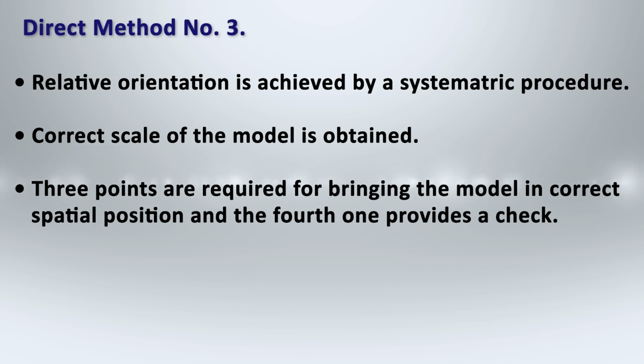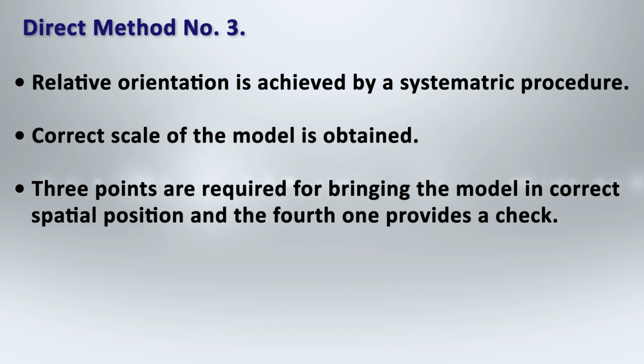After relative orientation, the correct scale of the model is obtained by altering the distance between the perspective centers of the photographs, and the entire model is rotated and displaced along 3 different directions, that is the x, y, z axes, until the heights and distances of known points in the model agree.